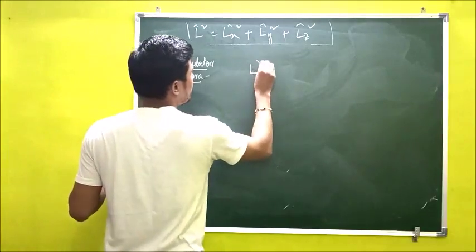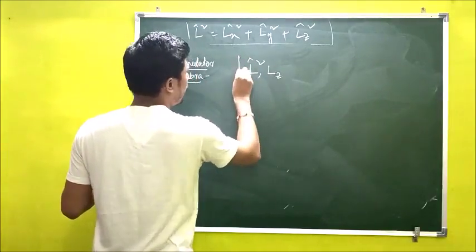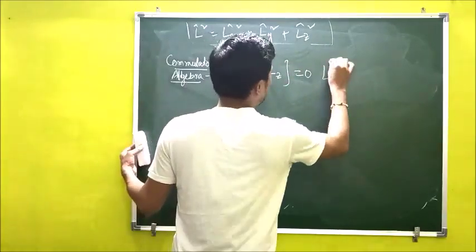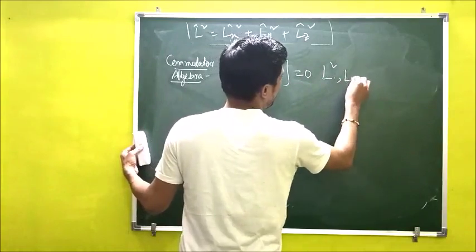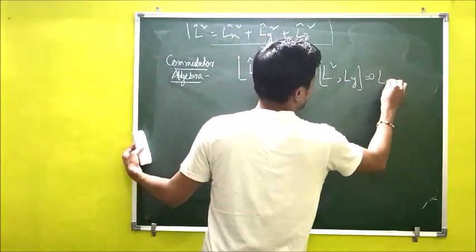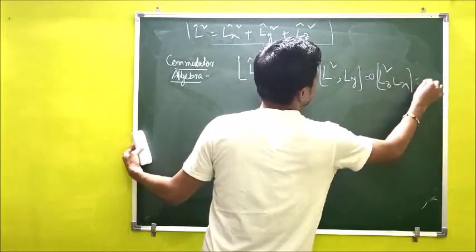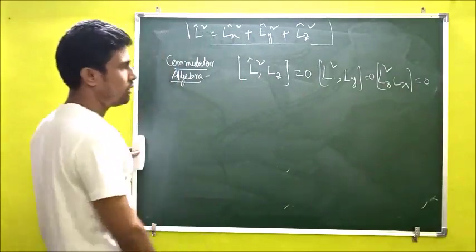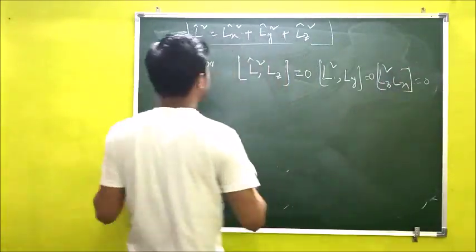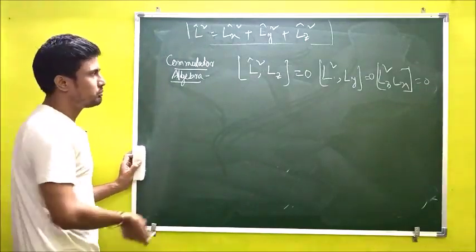L square and Ly is also equal to 0, and L square and Lx is also equal to 0. These are just commutator algebra; you can solve this. I have just written it here to remember these points.